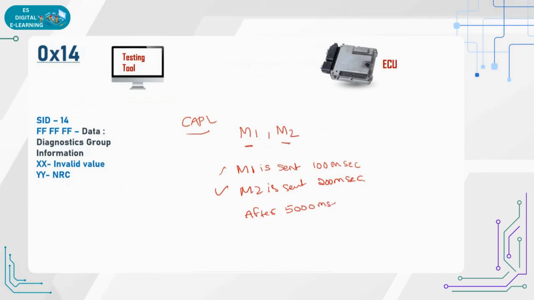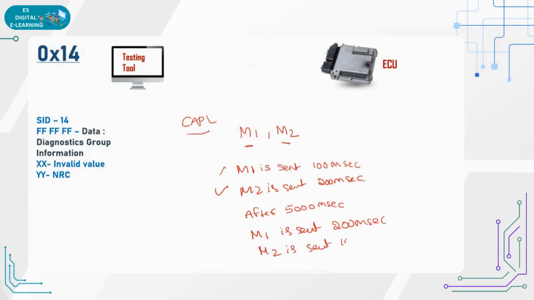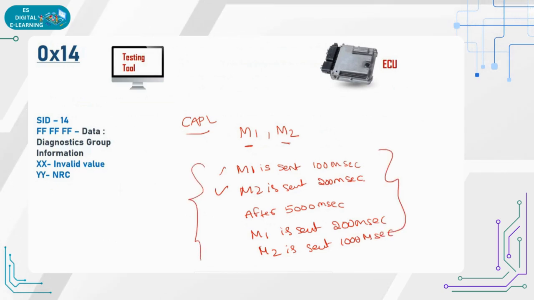M1 is sent at 200 milliseconds, just swapping the time. M2 is sent at 100 milliseconds. This is my requirement. You can try to write the program.